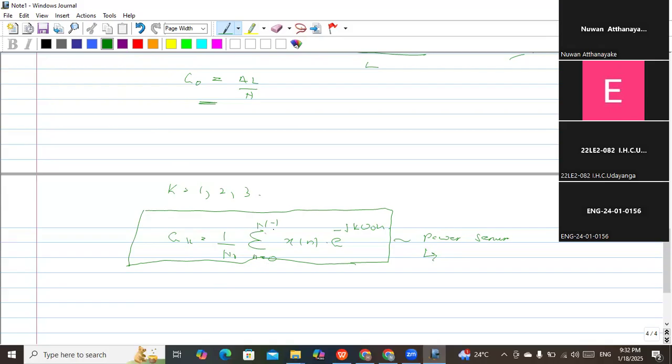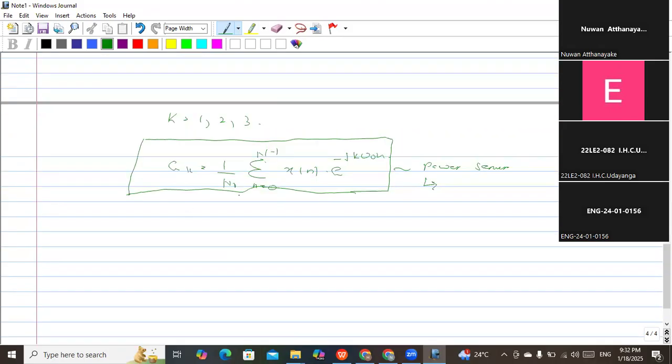For a power series there is an expression. If I expand this, you will have 1 over n naught. Here n is 0, the value will be A, and the exponential is 1, so you will have 1 here. Plus x1, the value will be A, then e to the power minus jk omega naught is there.